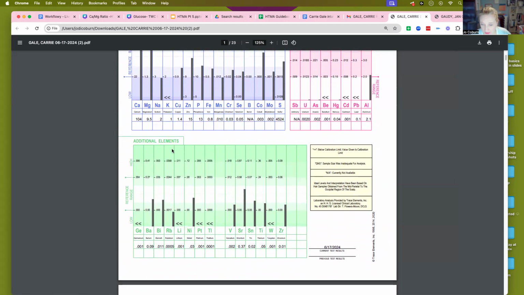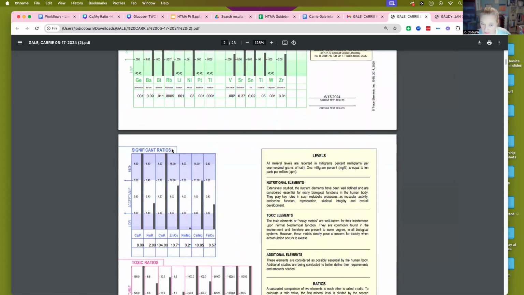Now she's got a different pattern: her calcium magnesium ratio is going up. For this person, I'm looking at a calcium shell, but I'm looking at 10.95.